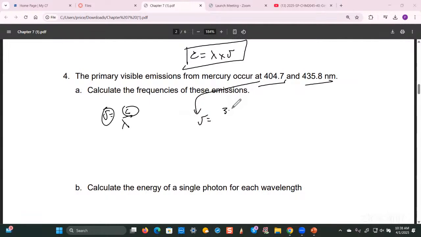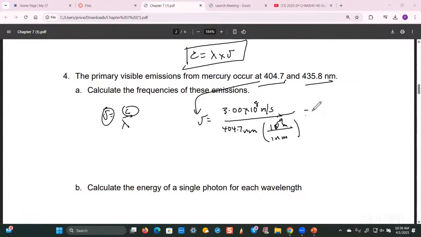So first we have to start out with the 3.00 times 10 to the 8 meters per second. And then we divide by what? 404.7 nanometers. And what do we need to do to this? Convert to meters. So 1 nanometer down here, 10 to the minus 9 meters above.